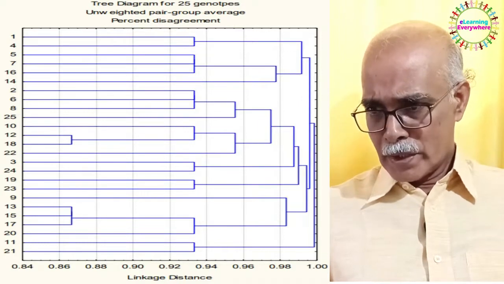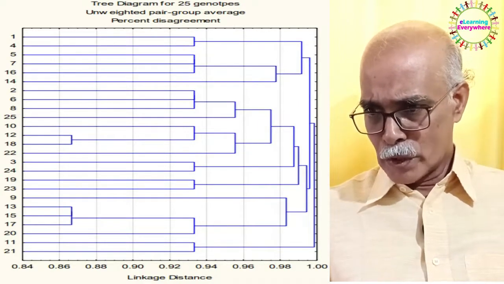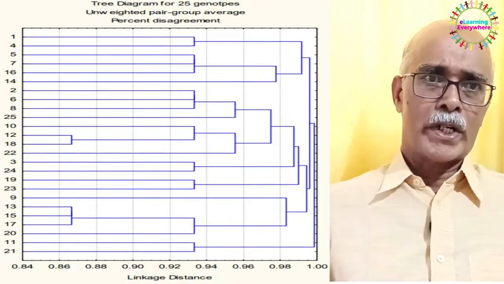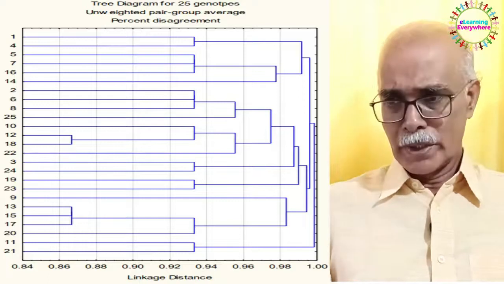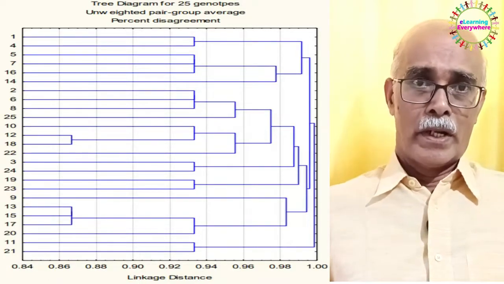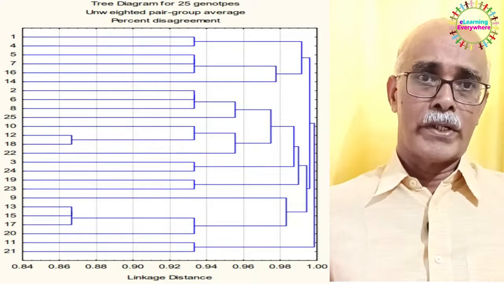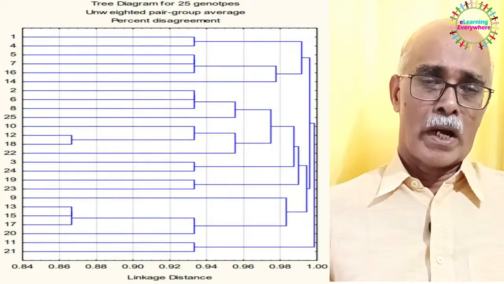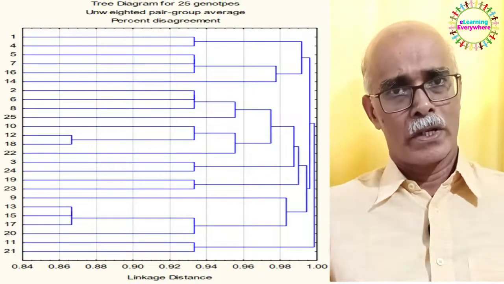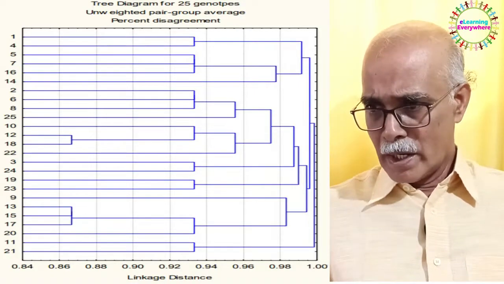At the position somewhere in between 0.92 and 0.94, there is a very considerable level of branching, indicating a very significant diversification of the genotypes based on these characters at this level.